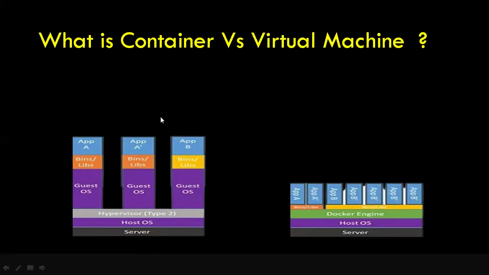The same thing is applicable with the virtual machine. If you see the image here, each virtual machine needs an underlying operating system installed. Here also your Linux, here also Linux. You want to run three different applications. What happens? You need to install three different operating systems in each VMware, and then you need to test it.